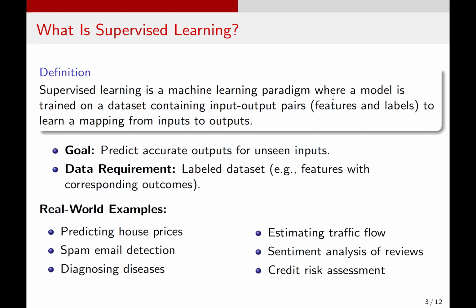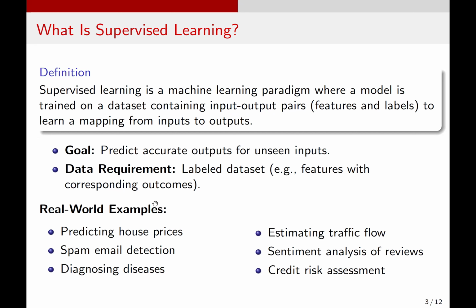So you have features and you have labels to learn a mapping from inputs to outputs. Now, this may look like a lot of grammar, but let's go on. So the goal is to predict accurate outputs for unseen inputs. That's the goal of supervised learning. We want to be able to predict accurate output from unseen inputs.